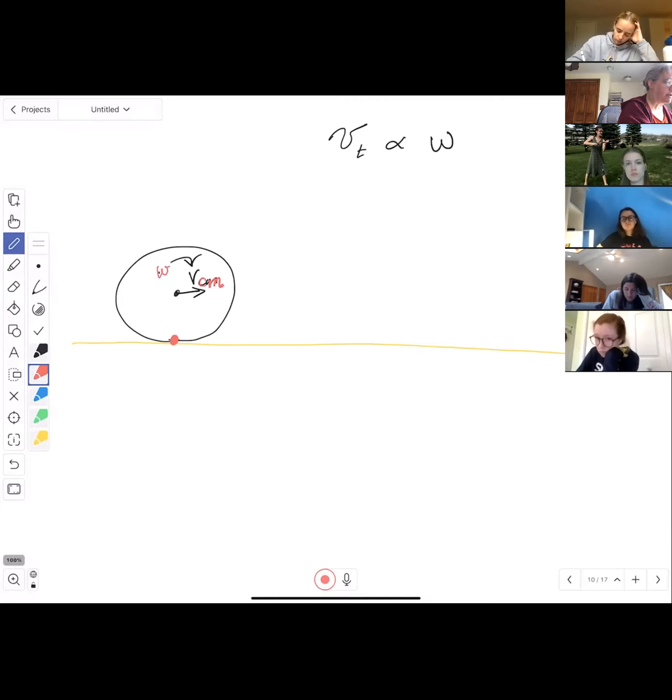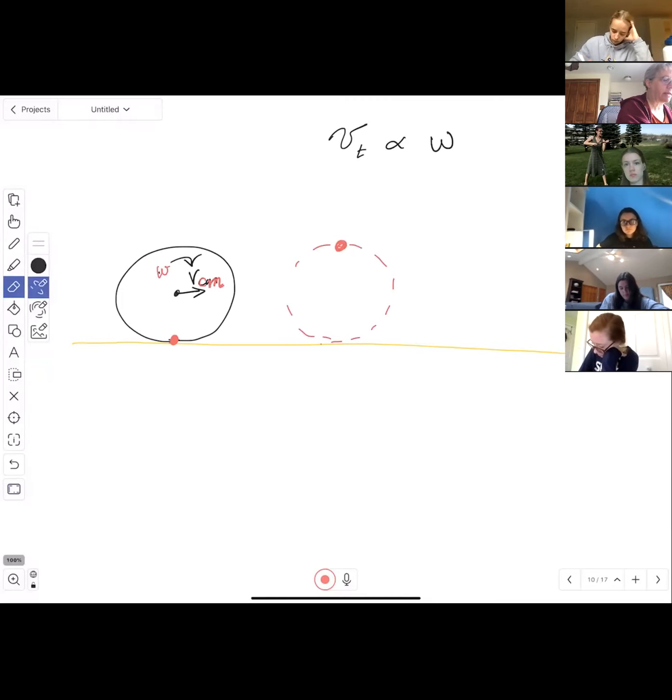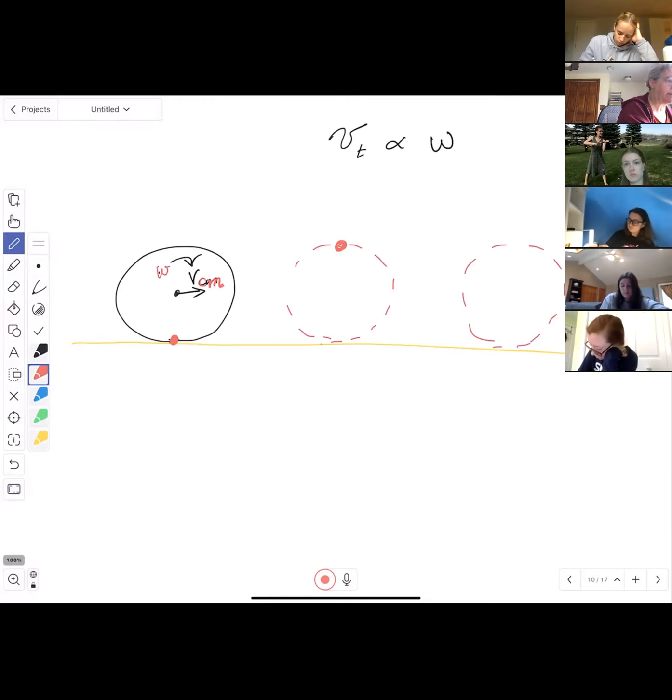So after a while, once it moves a little bit, I'll just dot this one in. At some point, you've rolled enough, you've made half a turn. That dot is up here, and then keep rolling, and later on, that will have rolled down to the bottom again, right?